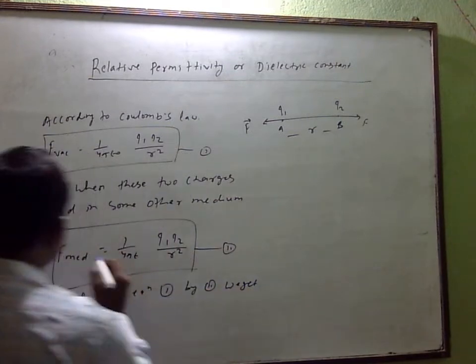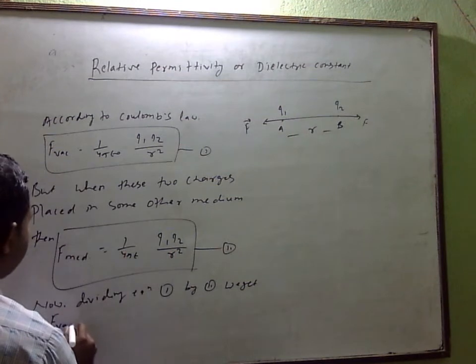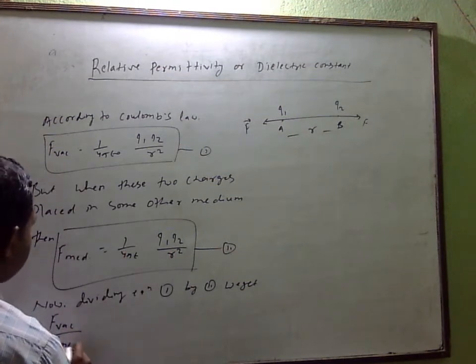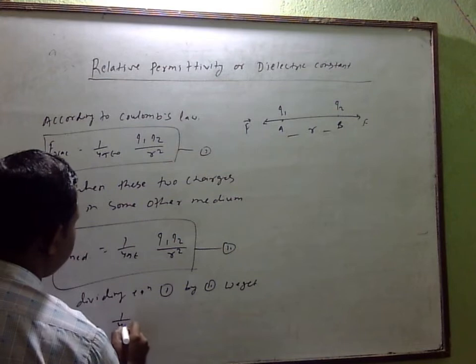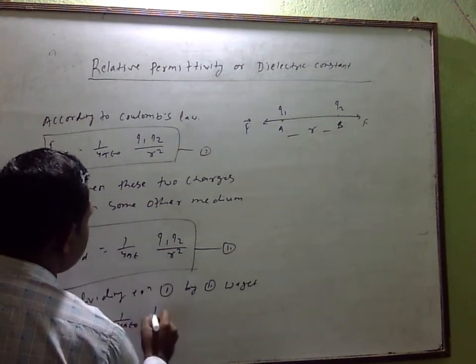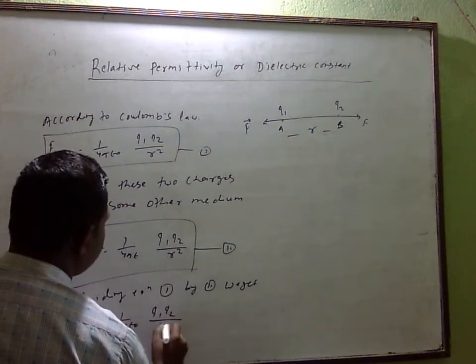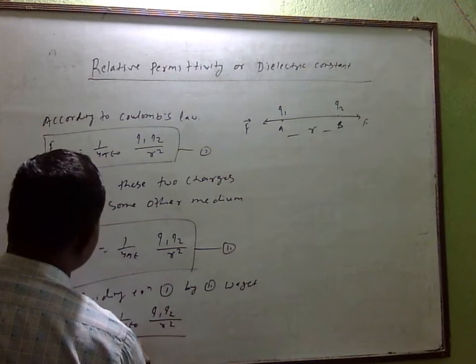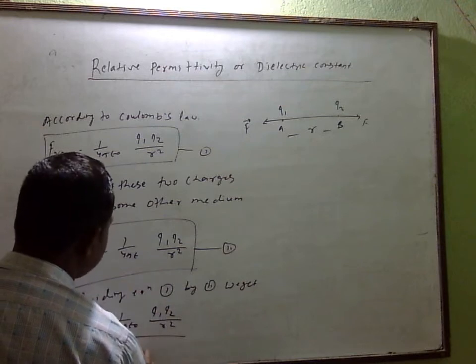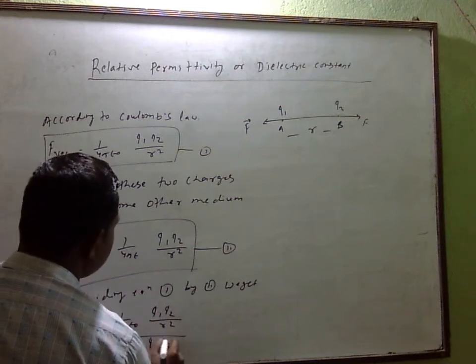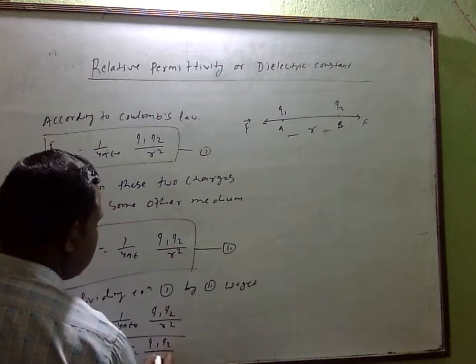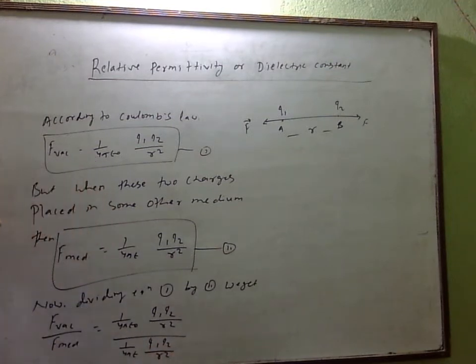F vacuum by F medium equals 1 by 4 pi epsilon naught Q1 Q2 by R square, divided by 1 by 4 pi epsilon Q1 Q2 by R square. This we can write.